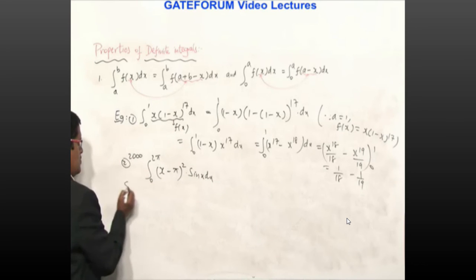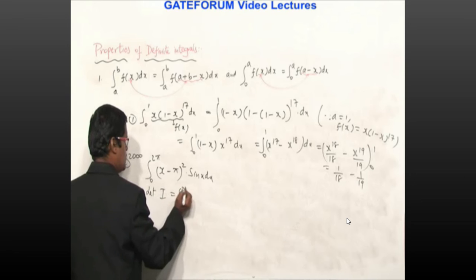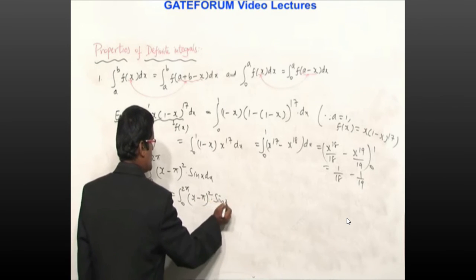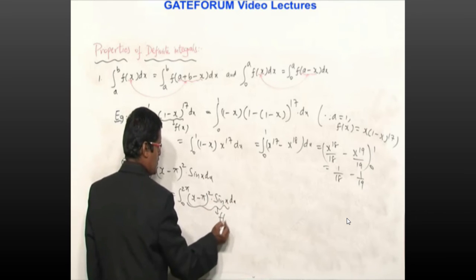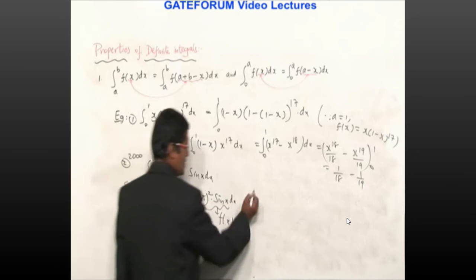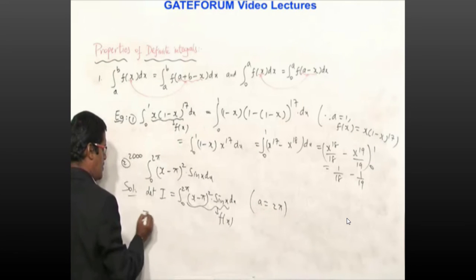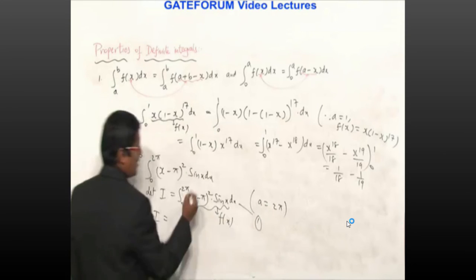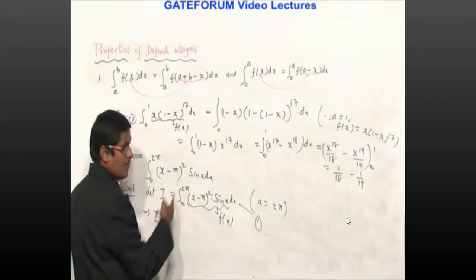Let I be equal to integral 0 to 2 pi of (x minus pi) whole square into sin x dx. So this is f(x), and a is equal to 2 pi. Now apply the above property, which implies the left side I is equal to, let us say equation 1. In this integrand, f(x) is called the integrand, a is the lower limit, b is the upper limit.